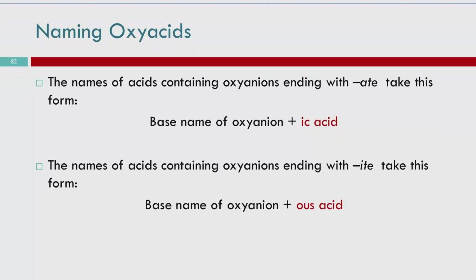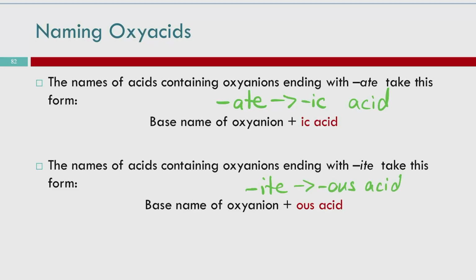We've got 2 rules for oxyacids. They are ate turns into ic and add acid. And we've got ite turns into ous and add acid since it's an acid. So ate to ic, ite to ous.